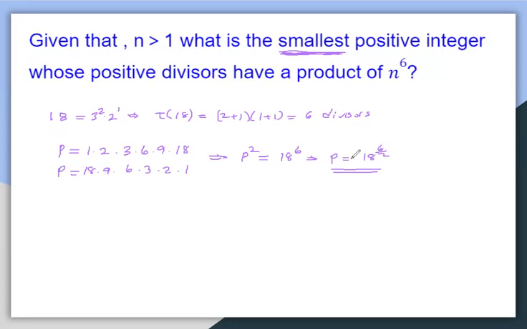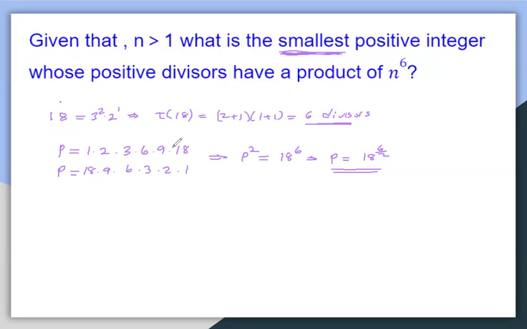Do you see some nice relation? The p represents the product of the divisors, and that is equal to 18, the number we started with, to the 6 over 2. 6 is the number of divisors, divided by 2. That is actually always the case. This is not a coincidence. In this problem I just got 6 divisors, and when you rewrite this, you just have 6 of those 18s.